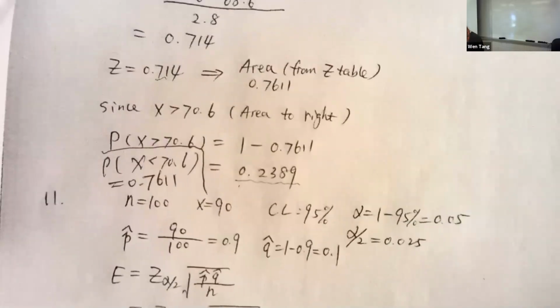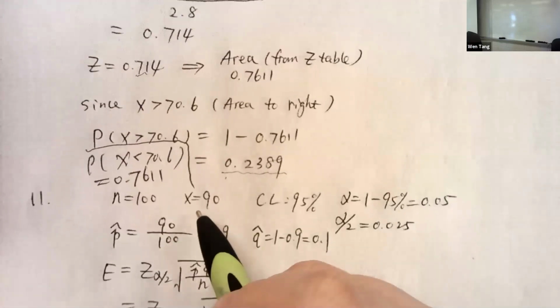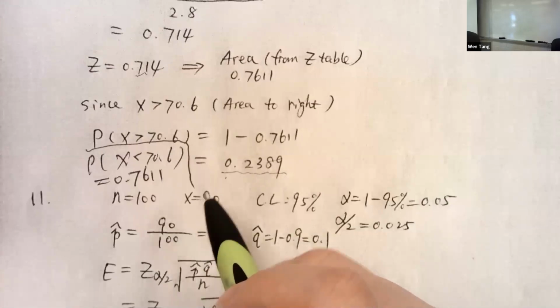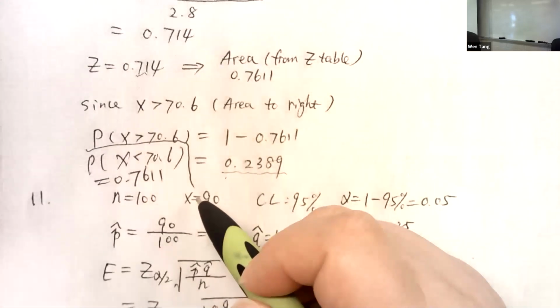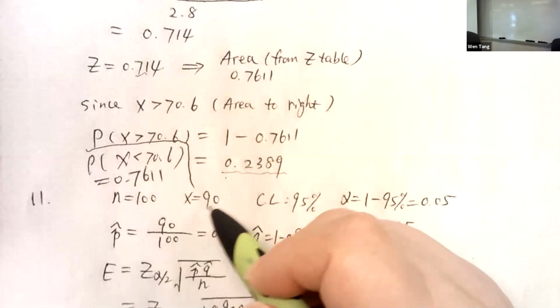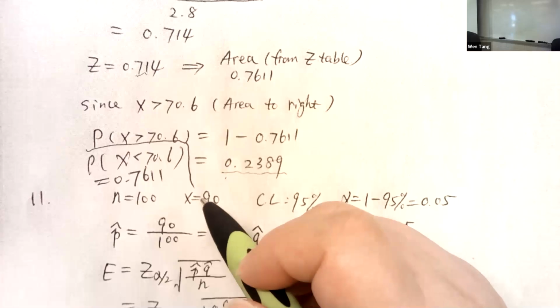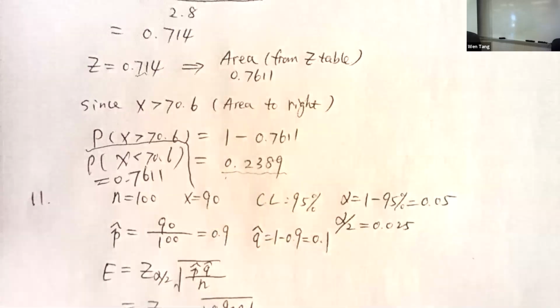So first step, we're gonna find the P hat. P hat is just X divided by N. So how many successes? 90 out of 100. 90 successes. 90 people responded with yes.